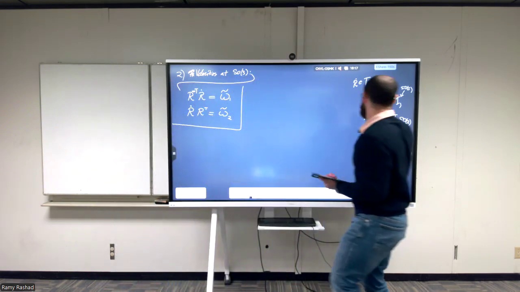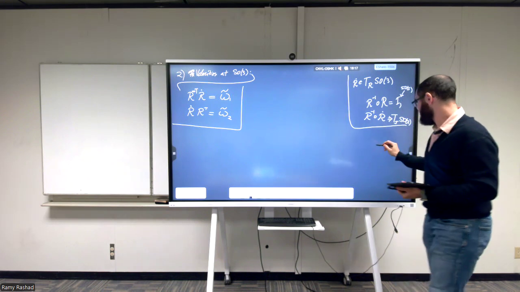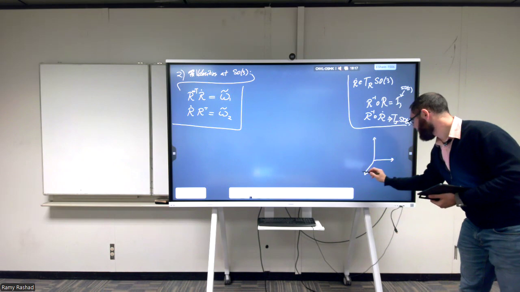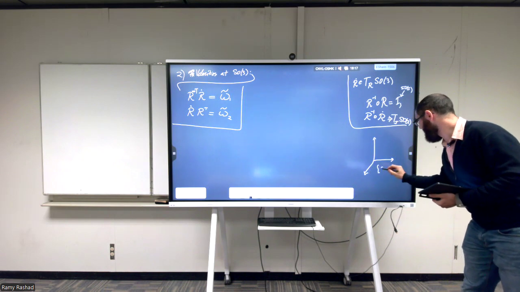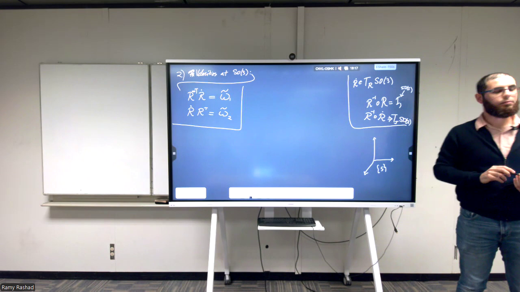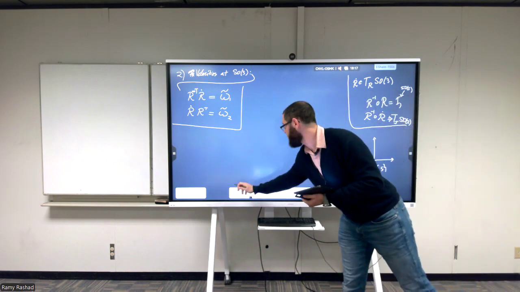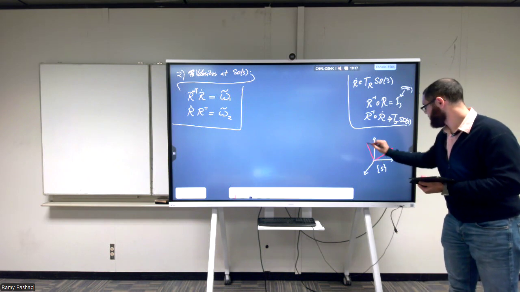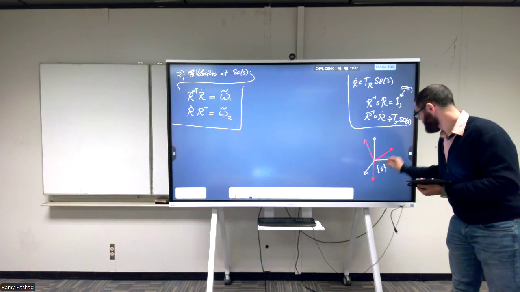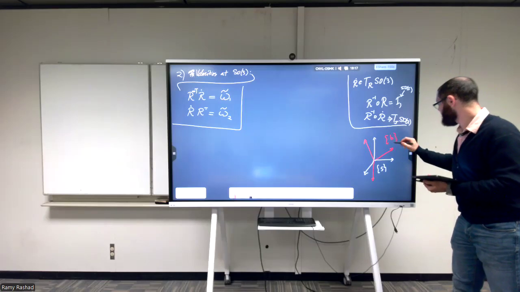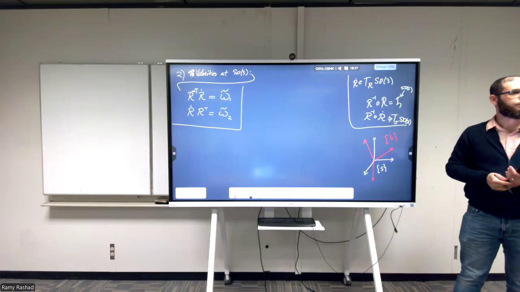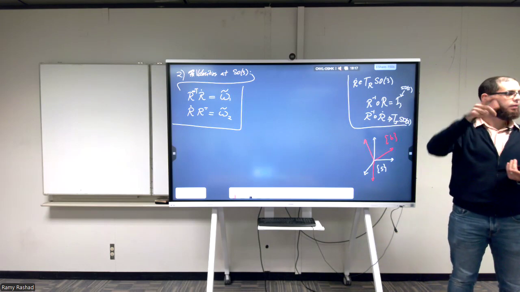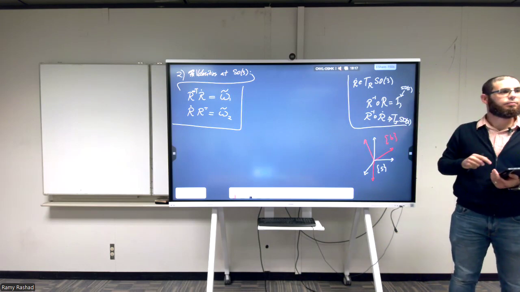Let's assume that we have the following configuration. We have some frame, we call it frame S, and we have another frame that's attached to the same point. We call it the frame B. B is a rotating frame, so it's moving, and S is a stationary frame.